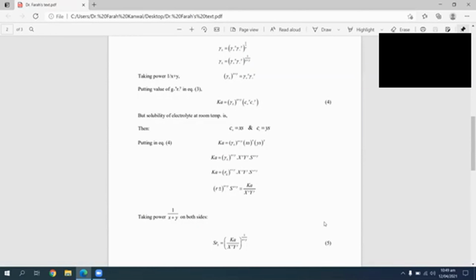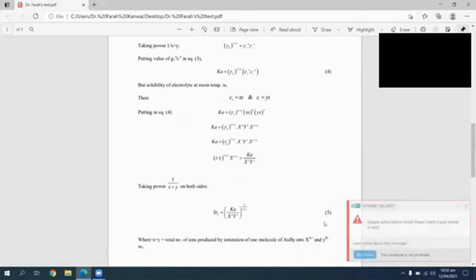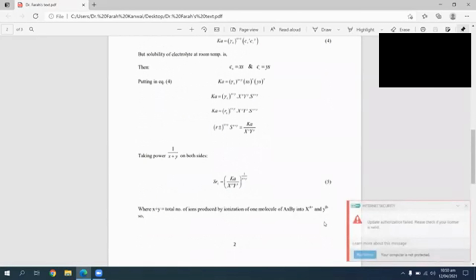So we represent it as C positive is equal to x into S and C negative is equal to y into S, and then furthermore we are replacing C positive by xS and C negative by yS. So we are putting that into the equation, and finally we get the solubility equation. Here S, capital S, is showing you xS and yS, and it is changing into S times gamma plus-minus.